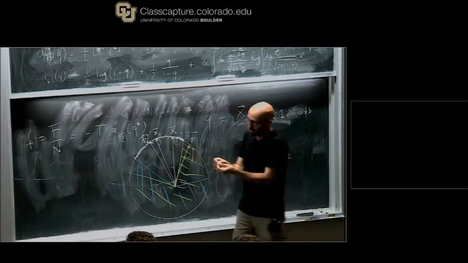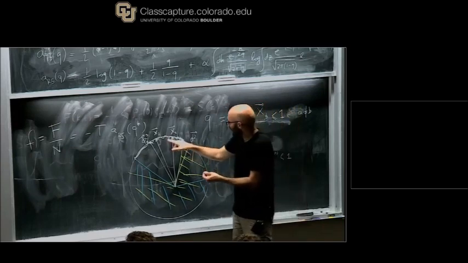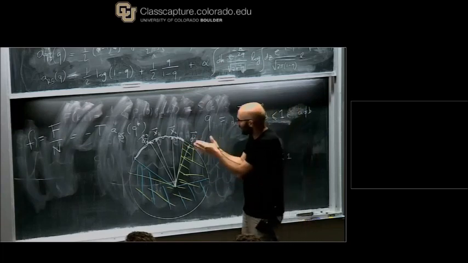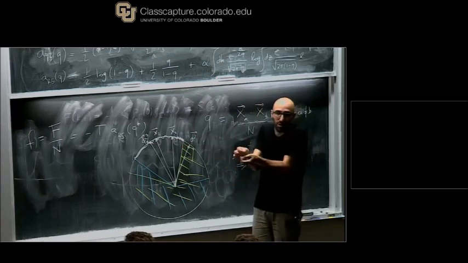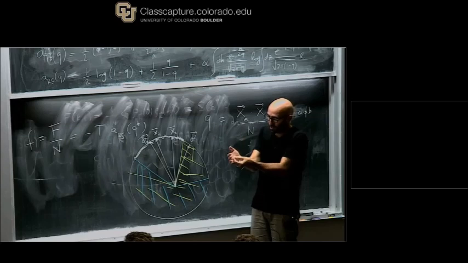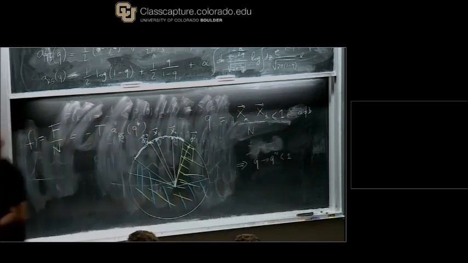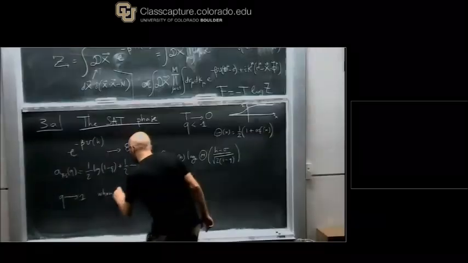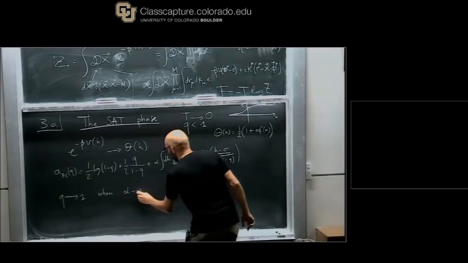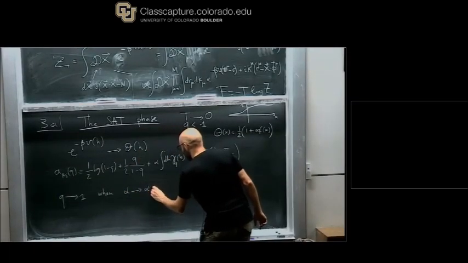It means that the replicas will all be constrained to be in the same point, which is the only solution that remains before disappearing. So Q should go to 1 when alpha approaches the SAT-UNSAT transition from the SAT phase.